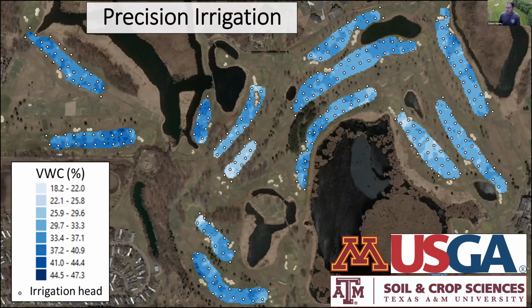One of the big things that I'm working on under the umbrella of precision turf management is this concept of precision irrigation. It's a USGA-funded study that we started in Minnesota in 2018. It's still ongoing.